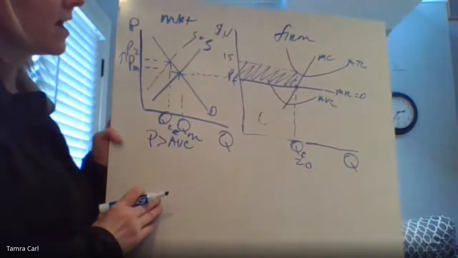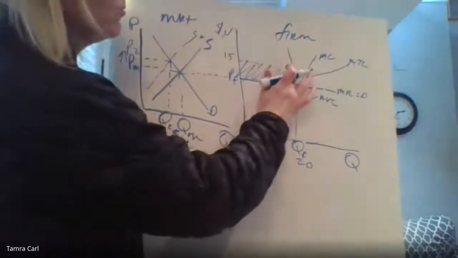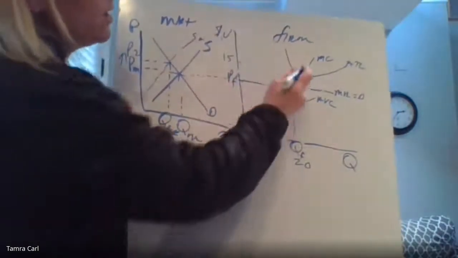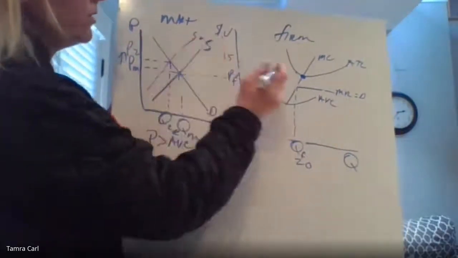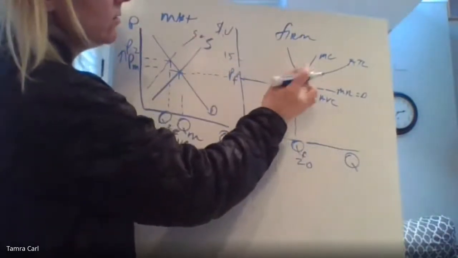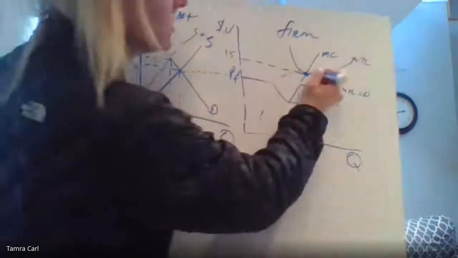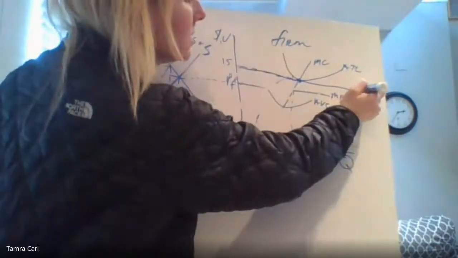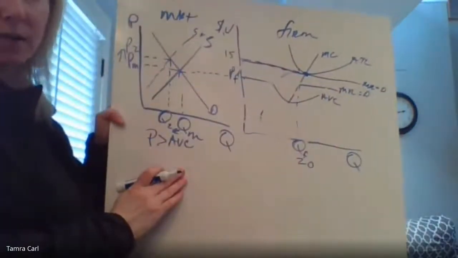What we know is that this change will happen up until the point where I get rid of my economic loss. This will happen up until the point where the equilibrium price is tangent to minimum ATC, because this is what represents long run equilibrium, that trifecta, right?